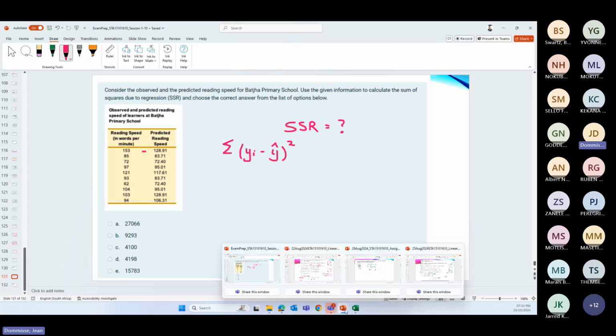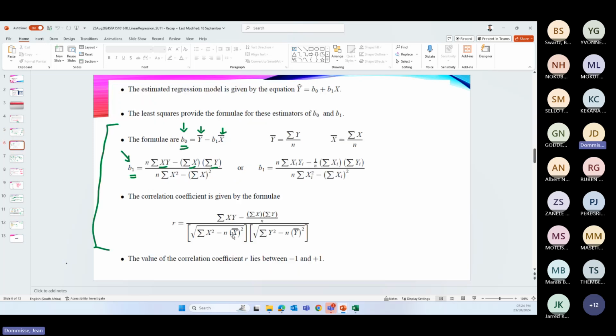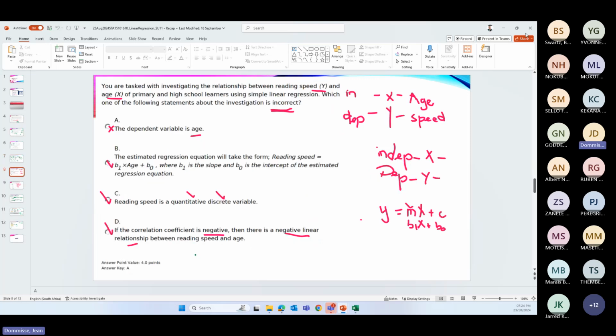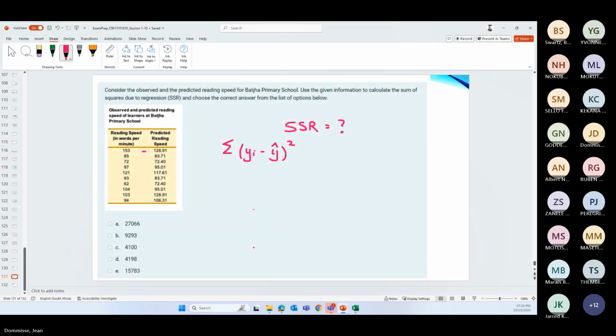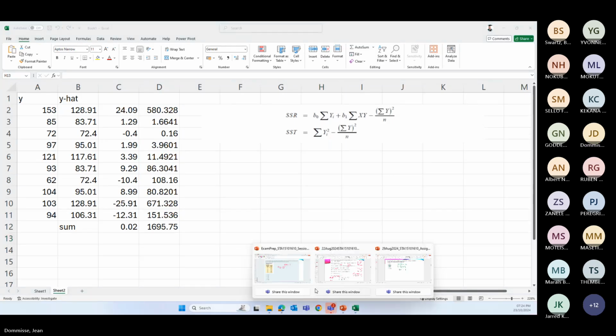Let's just see if there's another one, because I don't have enough information there to work it out. Let's just see if there's another formula for that. Okay, not in this. I think there needs to be another formula for that one.